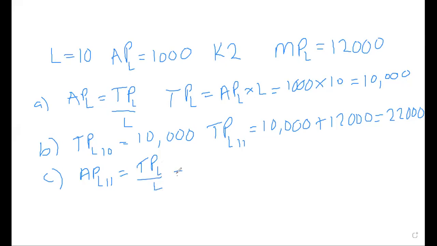Our total product here is now 22,000. But how many laborers do we have? They were initially 10, but now they are 11. So our new average now becomes 2,000 instead of 1,000.